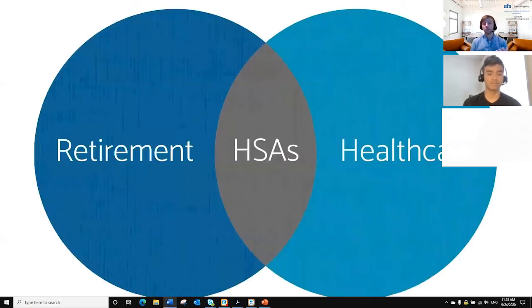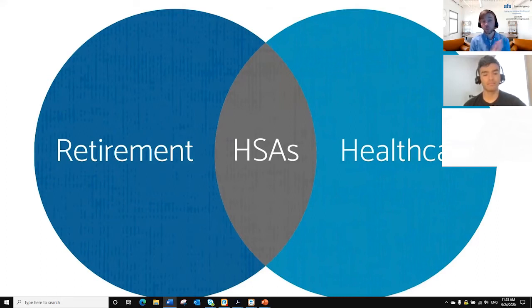So I like this simple illustration to just kind of show how these accounts can serve as a bridge between healthcare and retirement spending. And I know we had a question kind of along those lines. So we all know that we're going to have healthcare expenses over the course of our life, right? And as our first slide showed, many of us are going to have most of our healthcare expenses in our retirement years, right? And just like our hierarchy illustrated, a health savings account is both an excellent emergency savings tool, right? Specifically for healthcare emergencies.